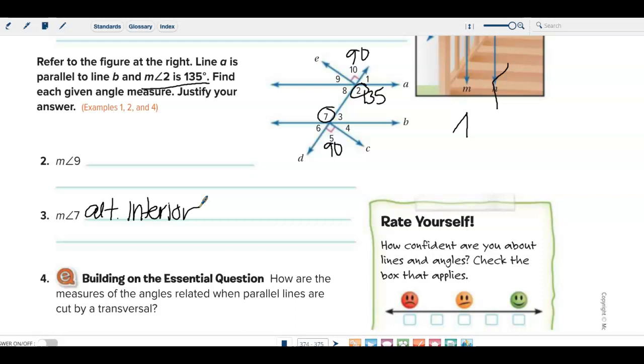I heard both answers. Look in your book. Alternate interior, what are they? They're congruent, which means they are equal to each other. So what is the measure of angle 7? The measure of angle 7 equals 135.